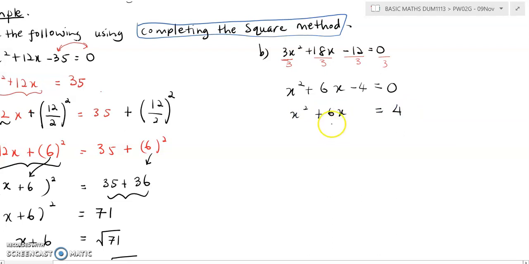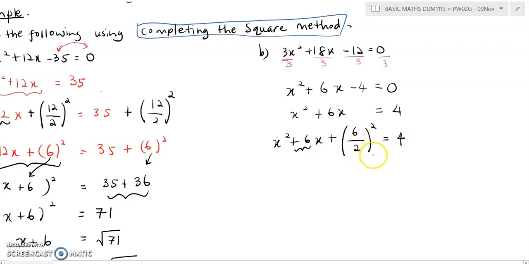And the next step is to complete the square by adding this value, the coefficient of x, positive 6, divided by 2 squared, equals 4.